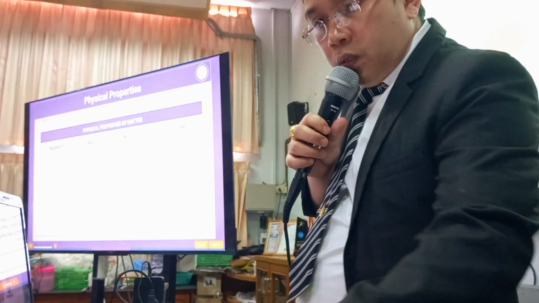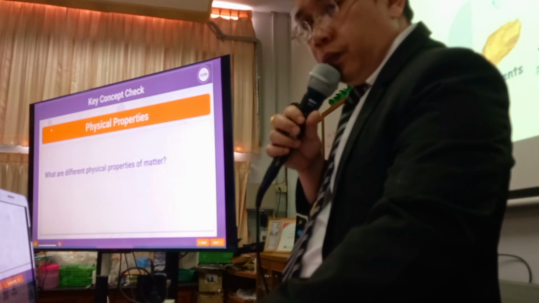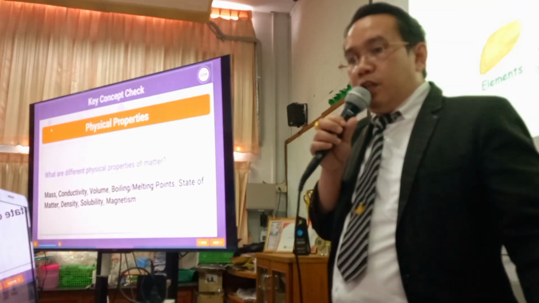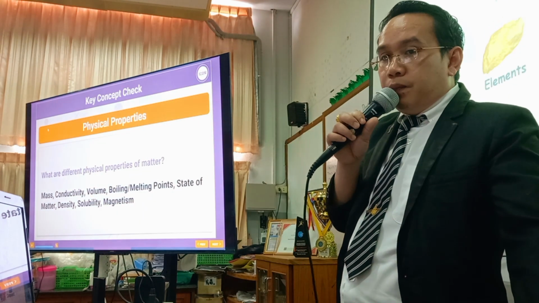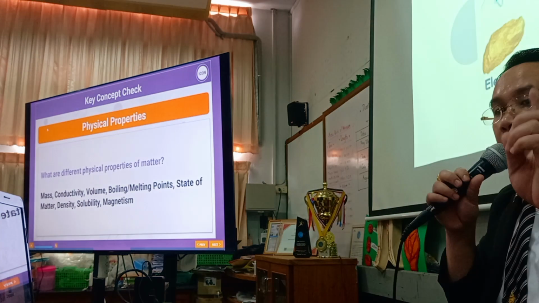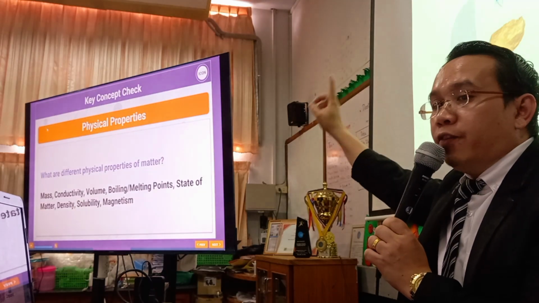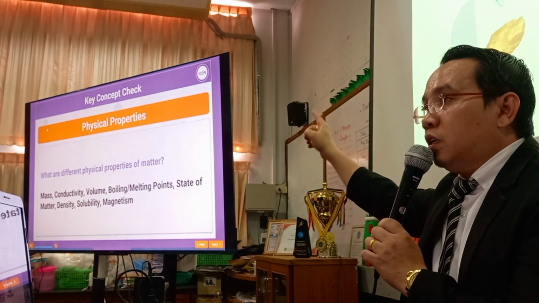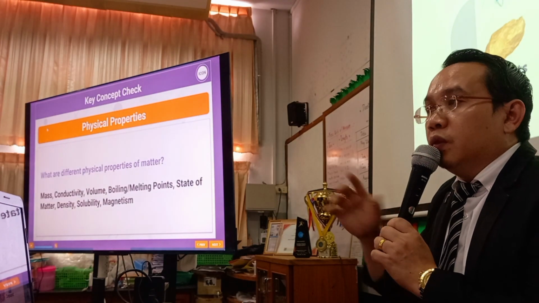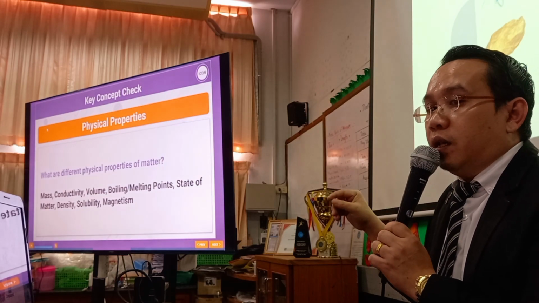Now let's continue. So again, what are the different physical properties of matter? These are the different physical properties of matter. One, mass. Another factor, conductivity of materials. Next, volume of objects or materials.